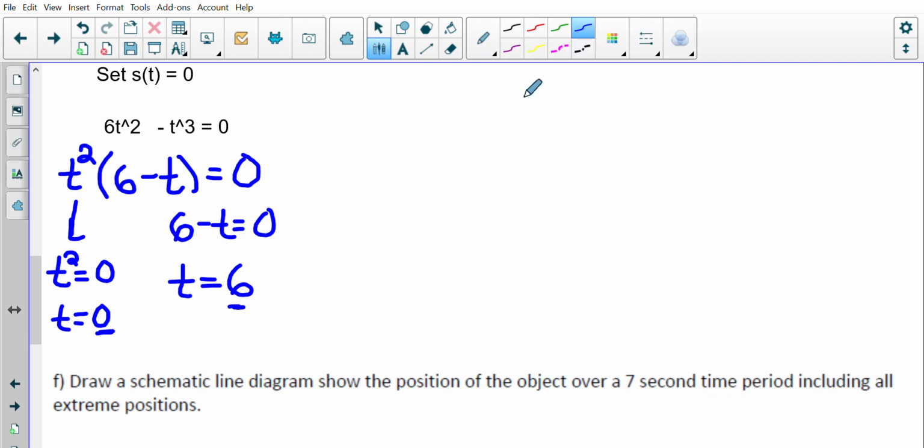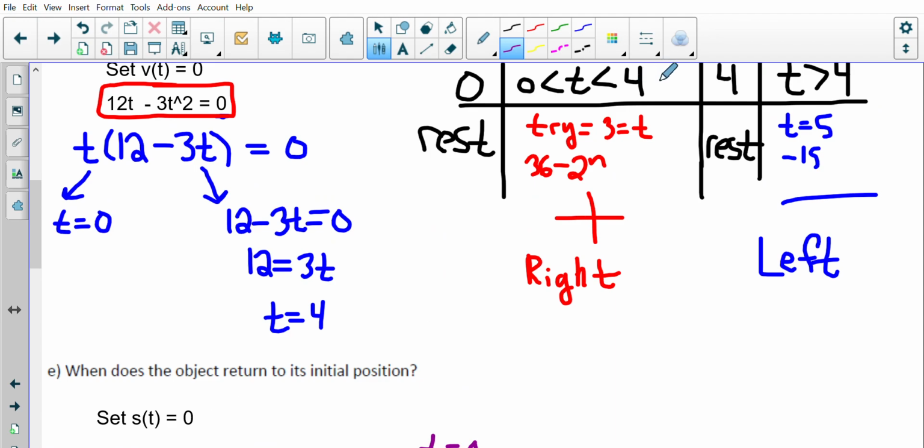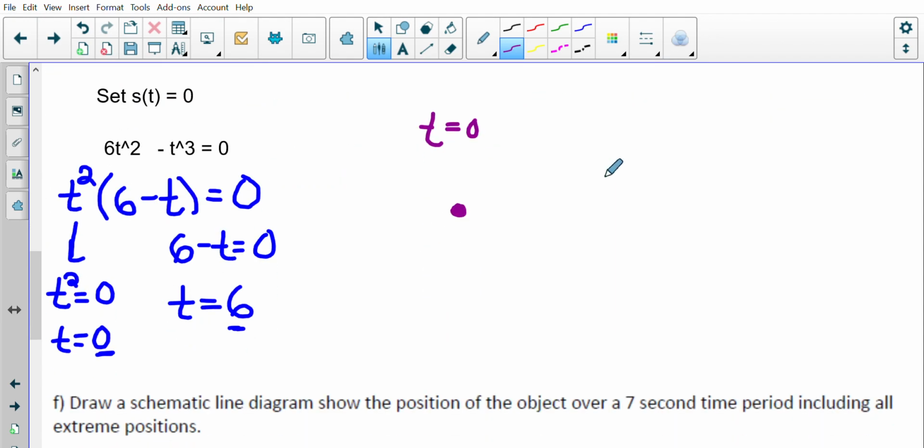Well, in terms of drawing a line, let's go with purple here. So this is t equals 0. It starts right here. And then for 4 seconds, I know it moves to the right. So that's t equals 4.